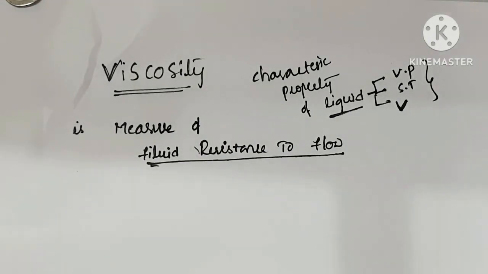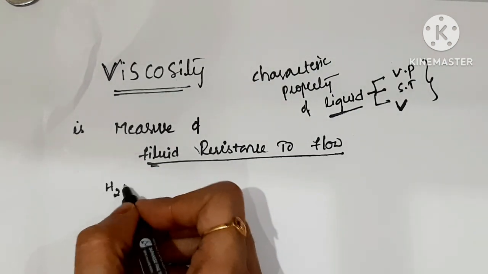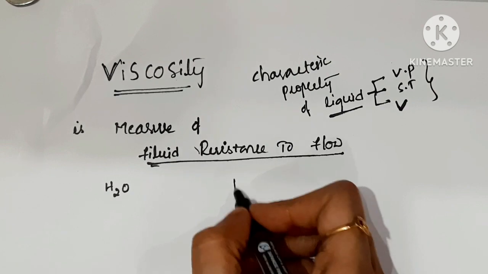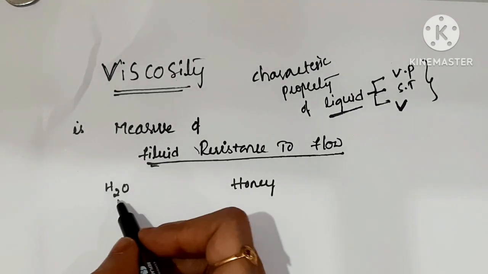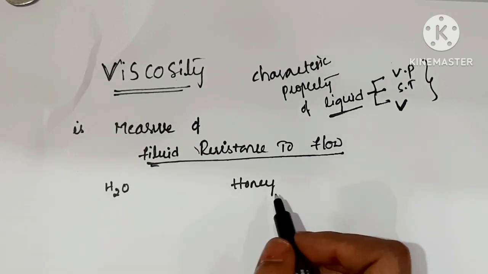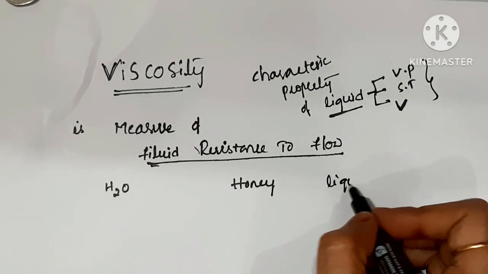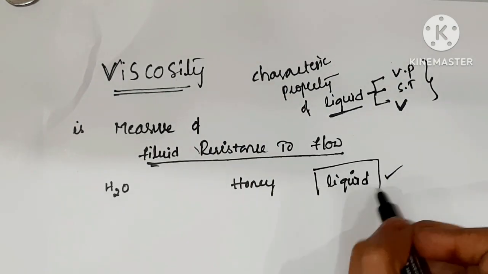Fluid's resistance to flow. I am explaining it here in a simple manner. I am taking two liquids, water and honey, both in the liquid state. Viscosity is generally observed in the liquid state and also in the gaseous state, but mostly we observe it in the liquid state.